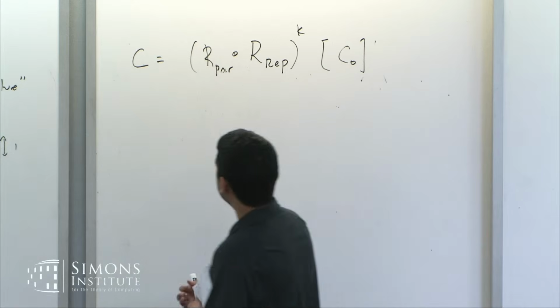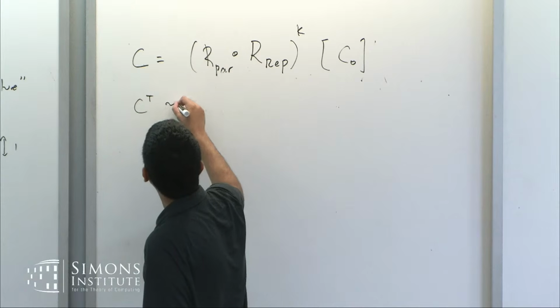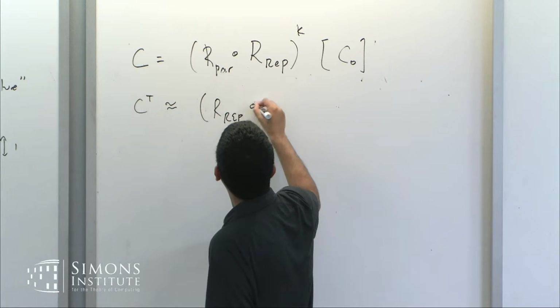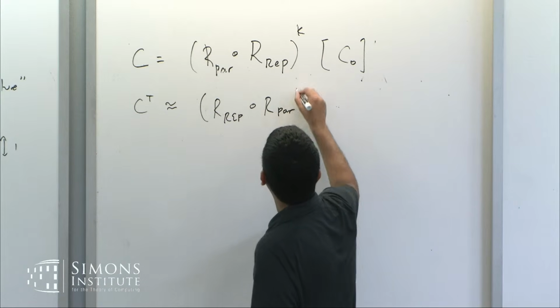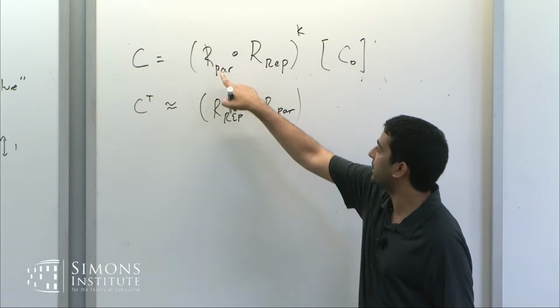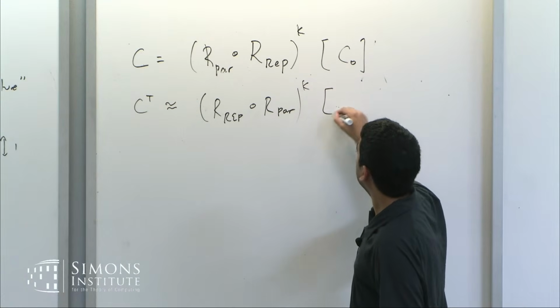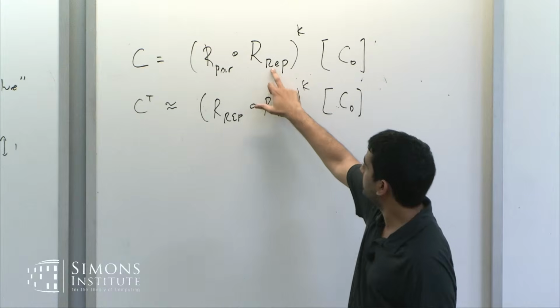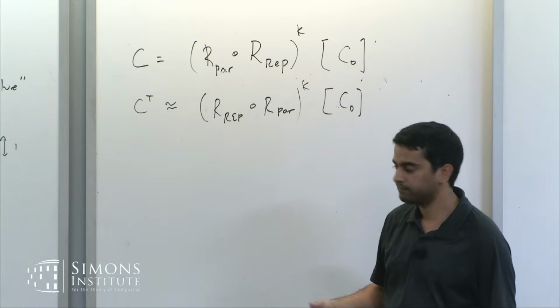Because C transpose is essentially going to be just, I replace the repetition with parity and vice versa. And the nice thing is that during the repetition step, I still am doubling the weight of the error.